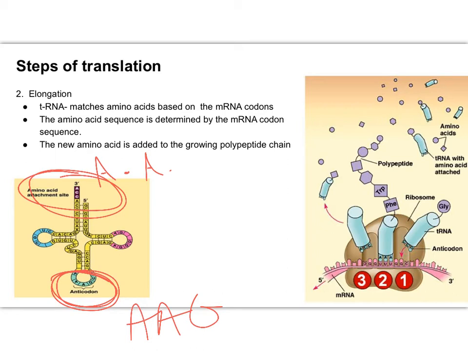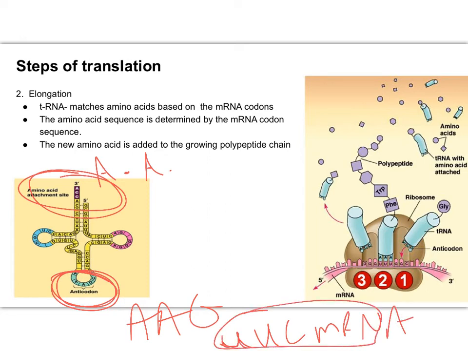For example, AAG, if that's what's on my tRNA, that would go with UUC on my messenger RNA. So when I read my codon chart, it's based off of my codon on my messenger RNA. So UUC is serine. No, I'm sorry, it's phenylalanine. So phenylalanine is this amino acid that's attached on this end of this tRNA.